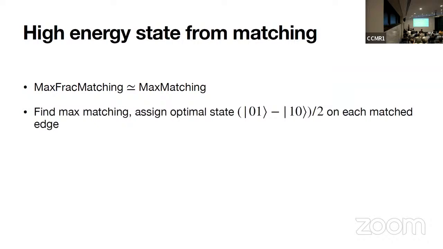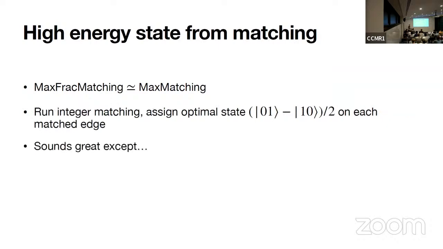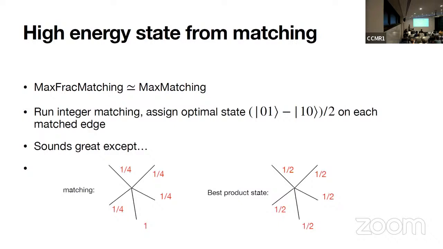So a naive idea could be to find the maximum matching, in this case an integer matching, and assign the optimal single-edge state on each matched edge. Okay, this sounds good, but here are examples where it doesn't work well.